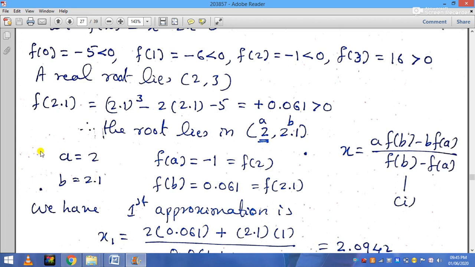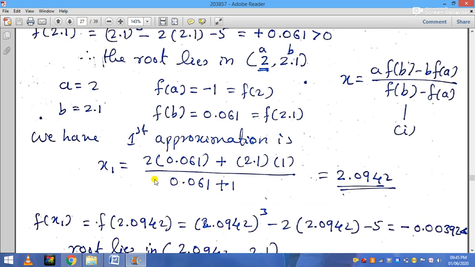For the first iteration, a is equal to 2, f of a is equal to minus 1, b is equal to 2.1, f of b is equal to 0.061. So put in the regula falsi formula, that is x equal to a into f of b minus b into f of a divided by f of b minus f of a. The first iteration is denoted as x1.